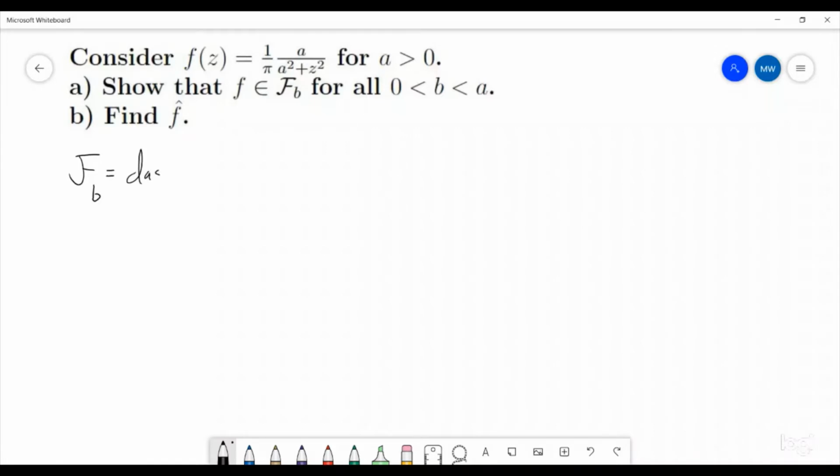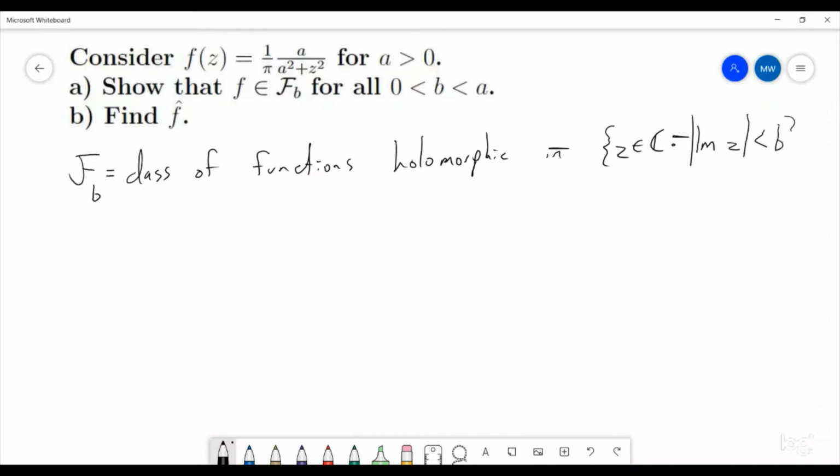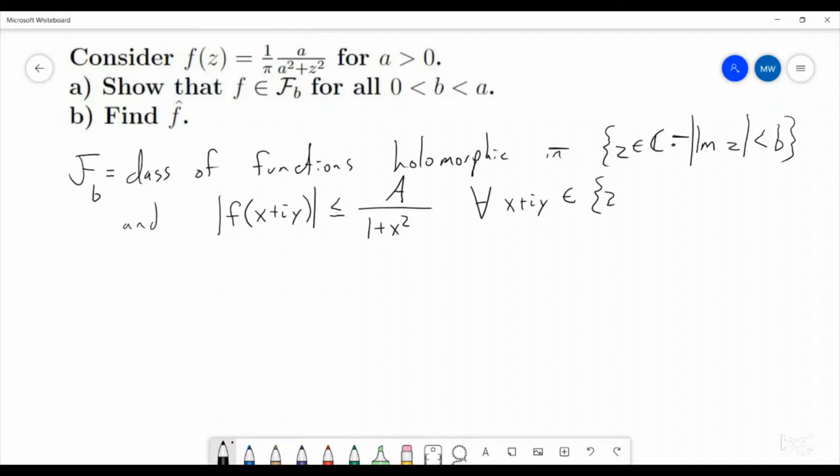This is equal to the class of all functions which are holomorphic in the strip, which is going to be the set of all z's in the complex numbers such that the absolute value of the imaginary part of z is going to be less than b, and we are going to also have it be satisfying the case where the size of f of x plus iy is going to be less than or equal to some constant a over 1 plus x squared for all x plus iy in our strip, which is defined above.